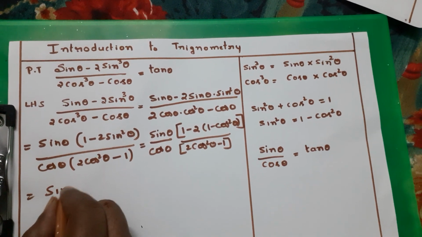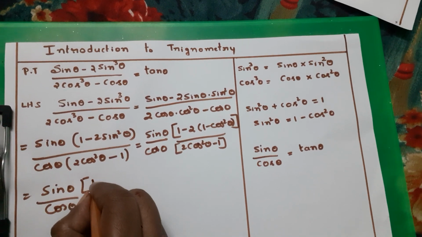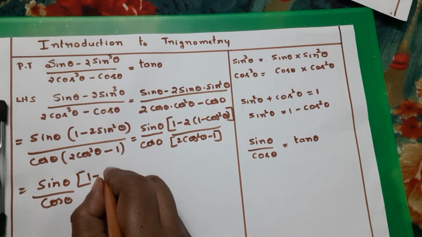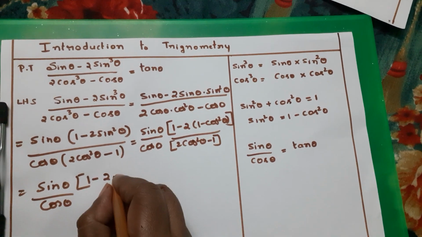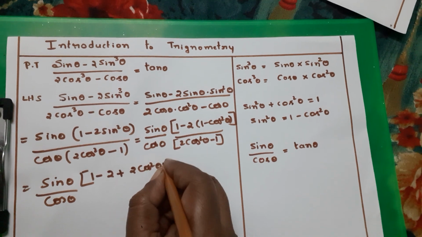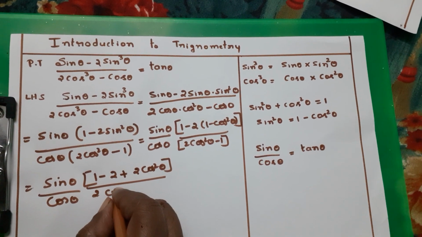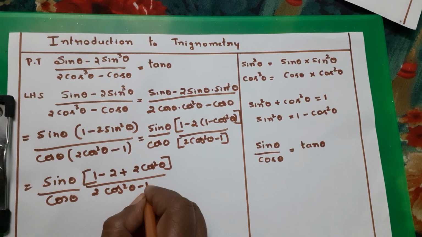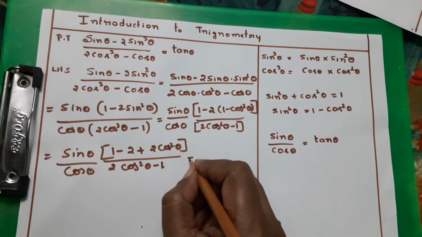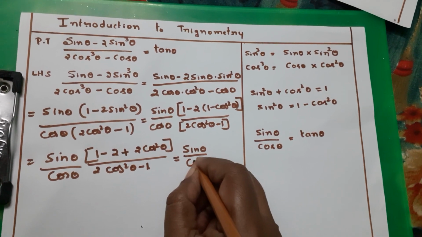Next step, sin theta divided by cos theta, 1 minus, we multiply 2 into 1, 2, minus into minus plus 2 cos square theta. Close the bracket. 2 cos square theta as it is minus 1. It is equal to sin theta divided by cos theta.